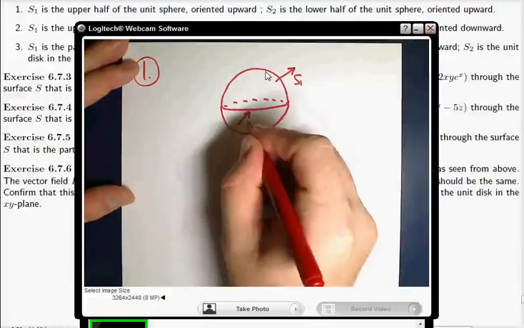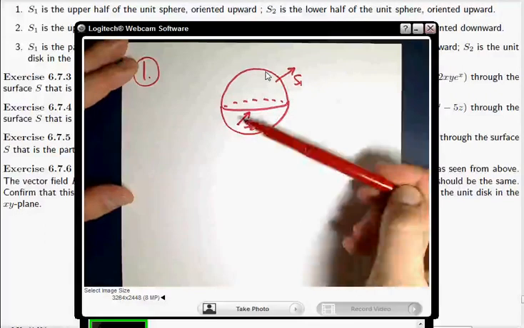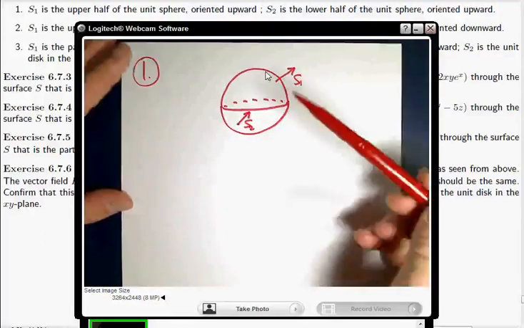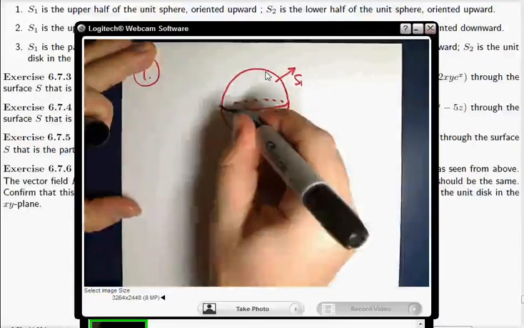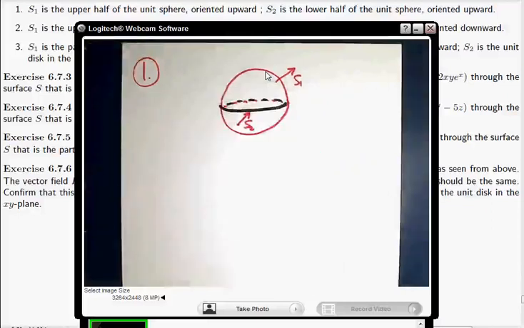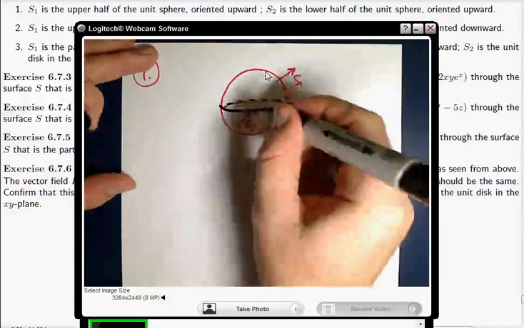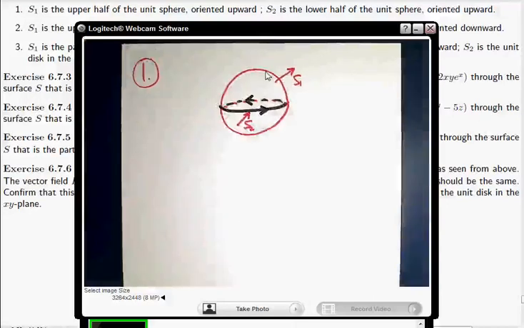Now, again, this is S2. Keep in mind, these look like opposite orientations because that's outward, that's inward, but they're the same in the sense that they put the same orientation on this boundary curve. They both orient the boundary curve that way. Does that make sense? Okay.